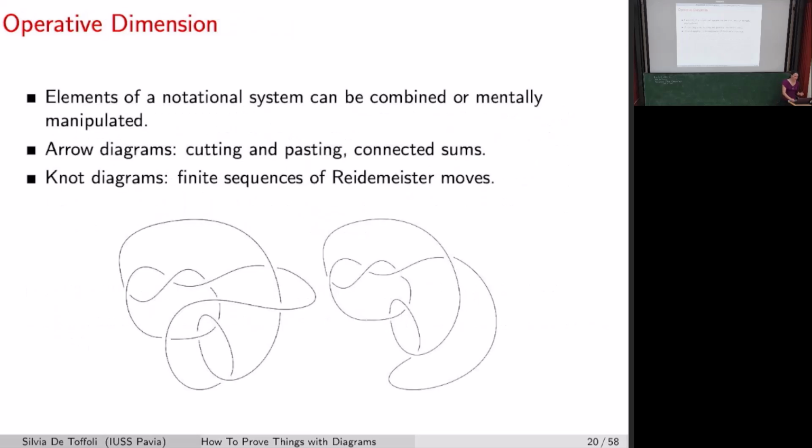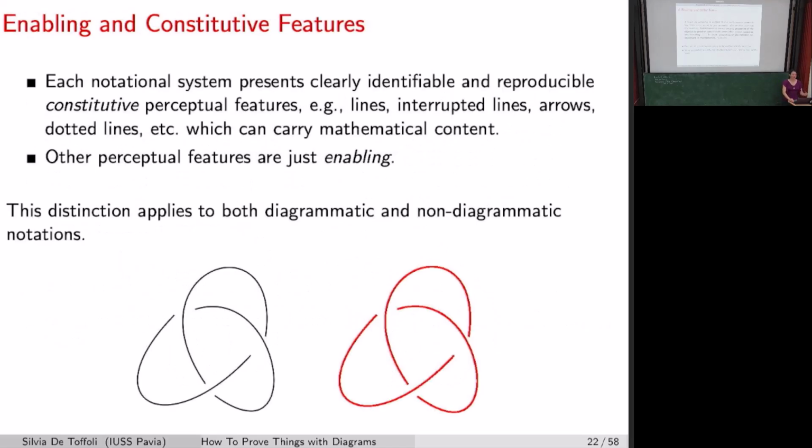Here I showed you this knot diagram, and for instance, the convention used at crossings is relevant here because it allows me to interpret the representation correctly in 3D and to assess whether these two diagrams represent the same knot or not. But the fact that it's black or red wouldn't change anything, for instance.